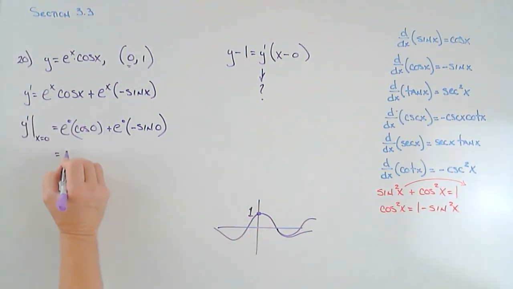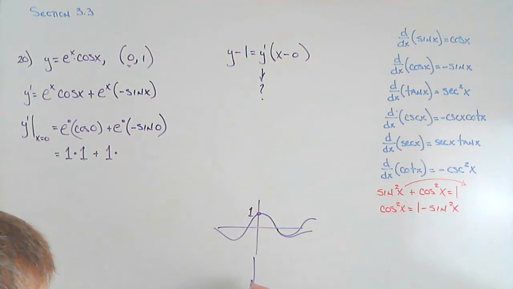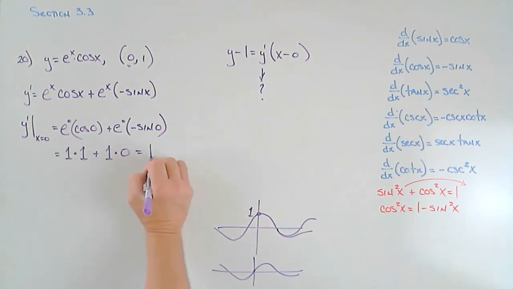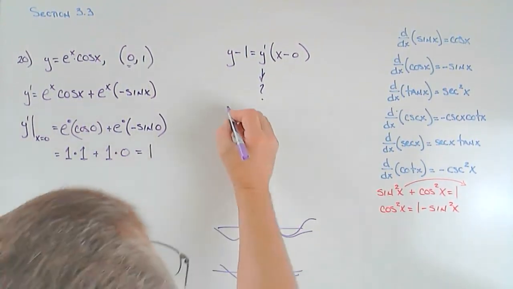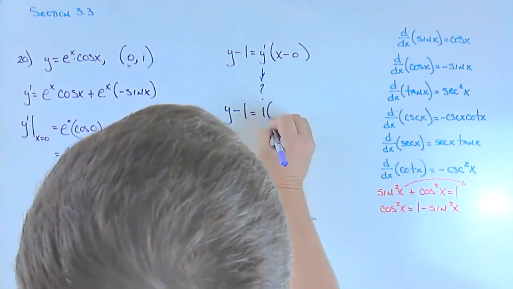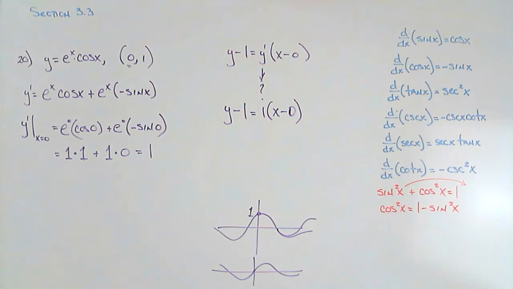So this is going to be 1 times 1 plus 1, e to the 0, times sine. Sine looks like this. So sine of 0 is 0. So that's 1 times 1 is 1 plus 0. We get 1. So our equation of our tangent line is y minus 1 equals 1 times x minus 0. Okay. So that's problem number 20.